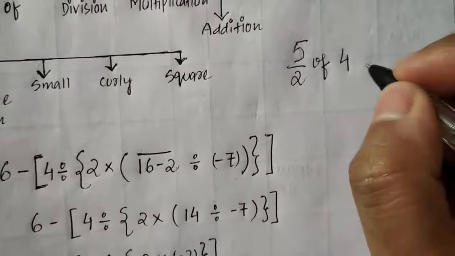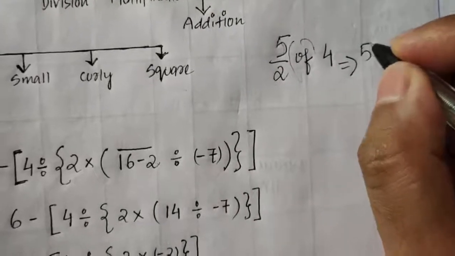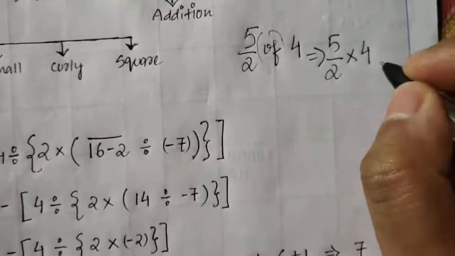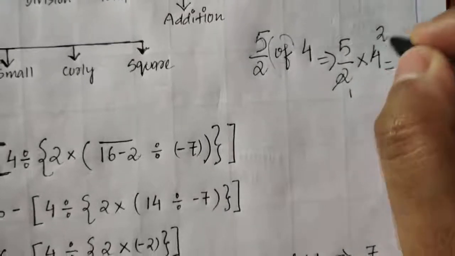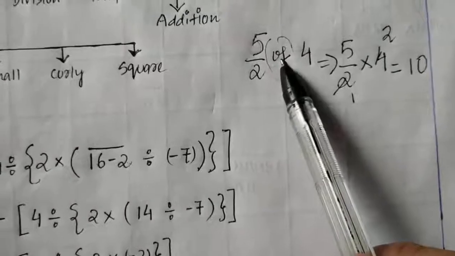It means that this of is replaced by the multiplication sign, that is 5 by 2 into 4, and then we will write 10. So this is the simplification for the of.